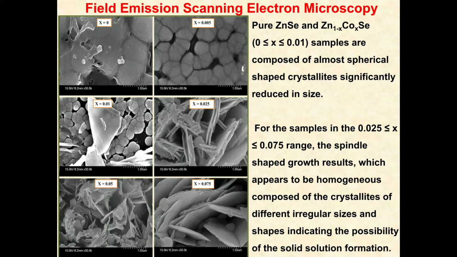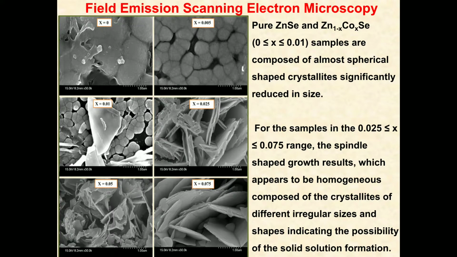The ZnSe and Zn1-xCoxSe samples in the range 0 ≤ x ≤ 0.01 are composed of almost spherical shaped crystallites significantly reduced in size.